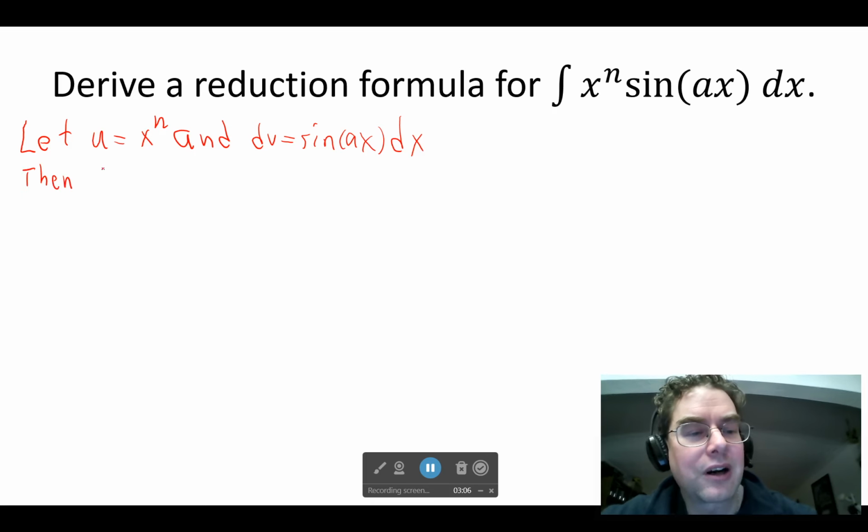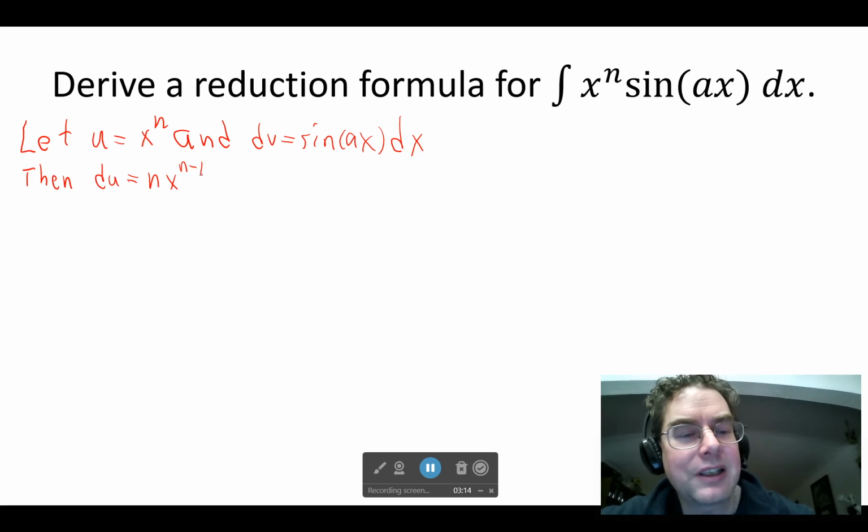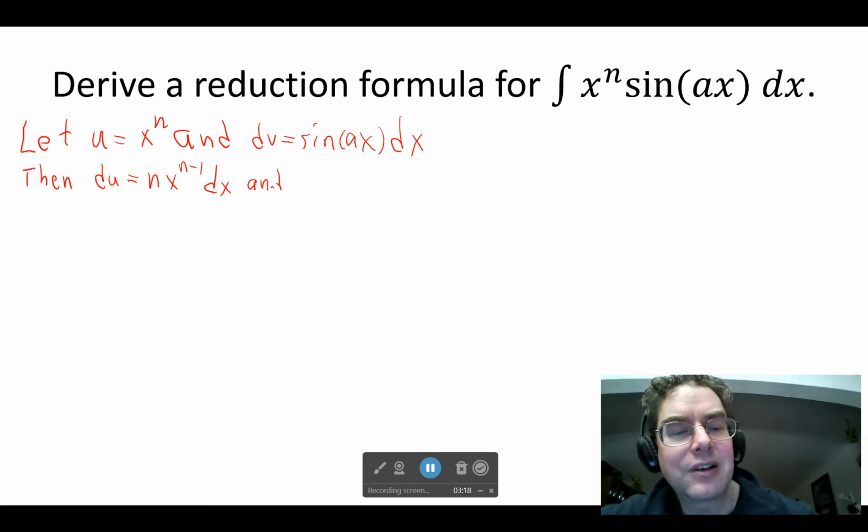So for the rest of our integration by parts setup, we find the differential du, so that'll be n x to the n minus 1 dx. And then we also need to find v, and we do that by anti-differentiating sine ax dx.